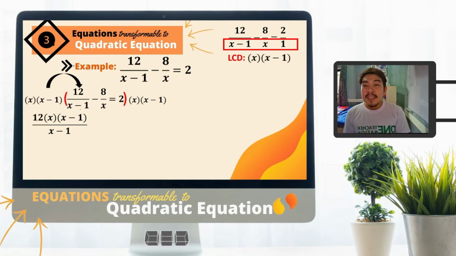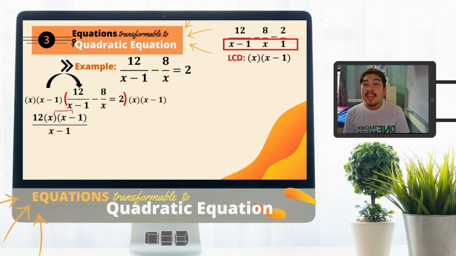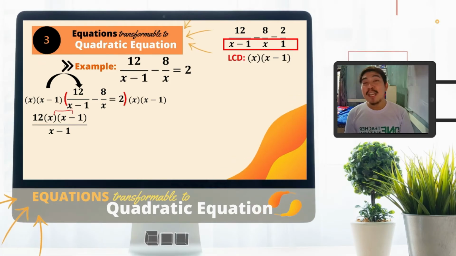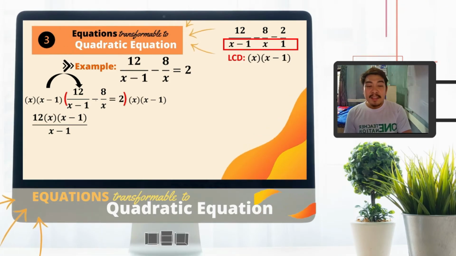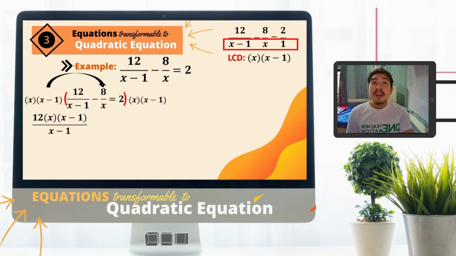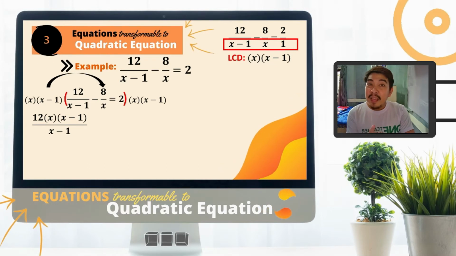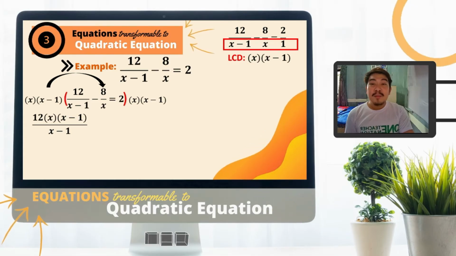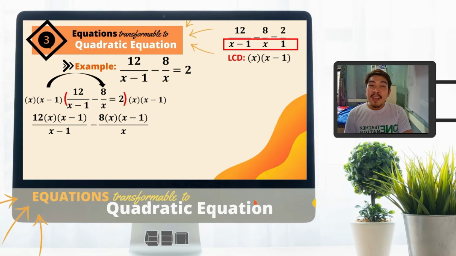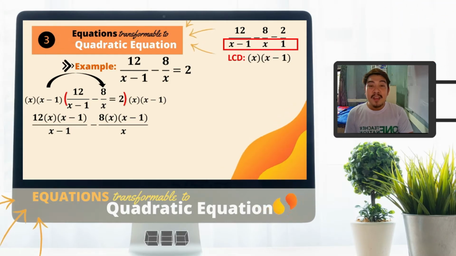Okay? Kung mapapansin natin, etong part na to ang ating LCD. Hindi pa natin siya isi-simplify. Hindi pa natin siya i-multiply. Okay? And then, doon naman tayo sa pangalawang term, which is negative 8 over x. So, pag minultiply natin yan, ayan, we have negative 8 times x minus 1 all over x.